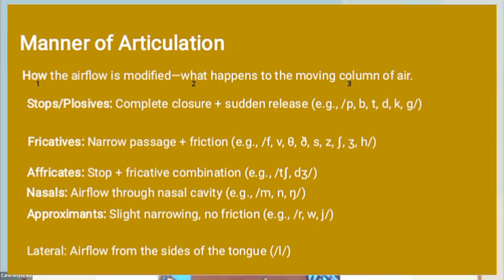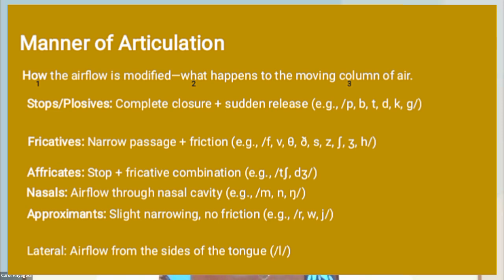Next, we look at the manner of articulation parameter, and that manner simply talks about how the airflow is modified. And we have basically six subclasses of sounds based on this parameter. We have the stops.